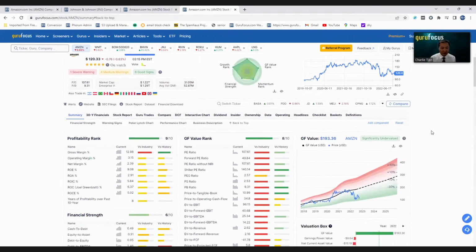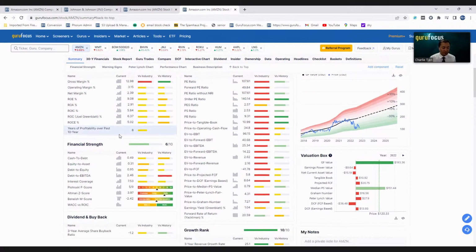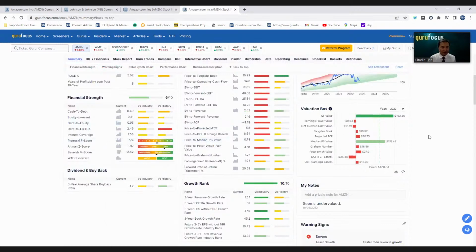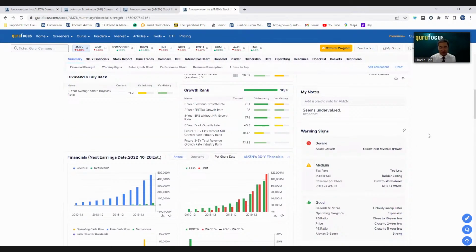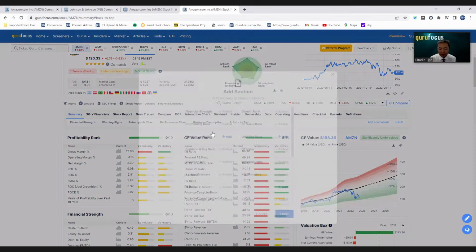I personally customize it this way. Some key parameters I look at first are profitability, financial strengths, and also the financials. You can move them around. You can also add a component here.